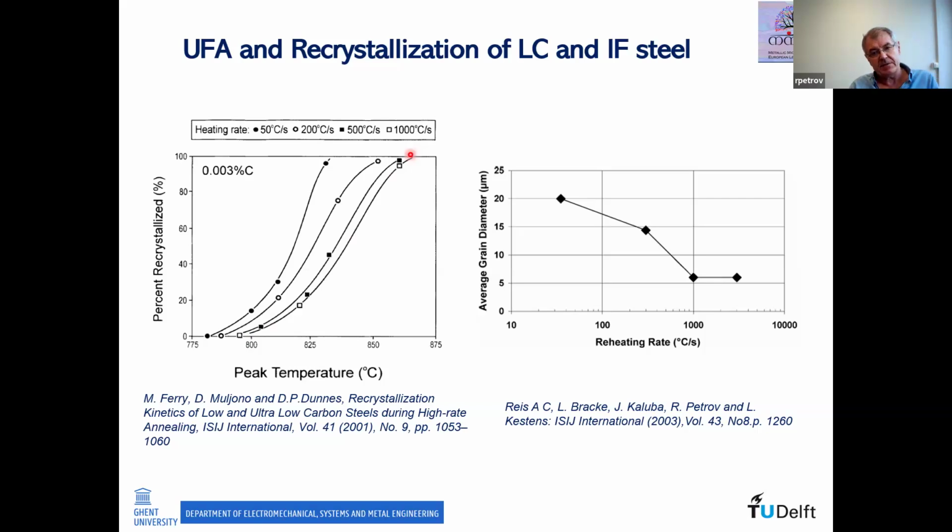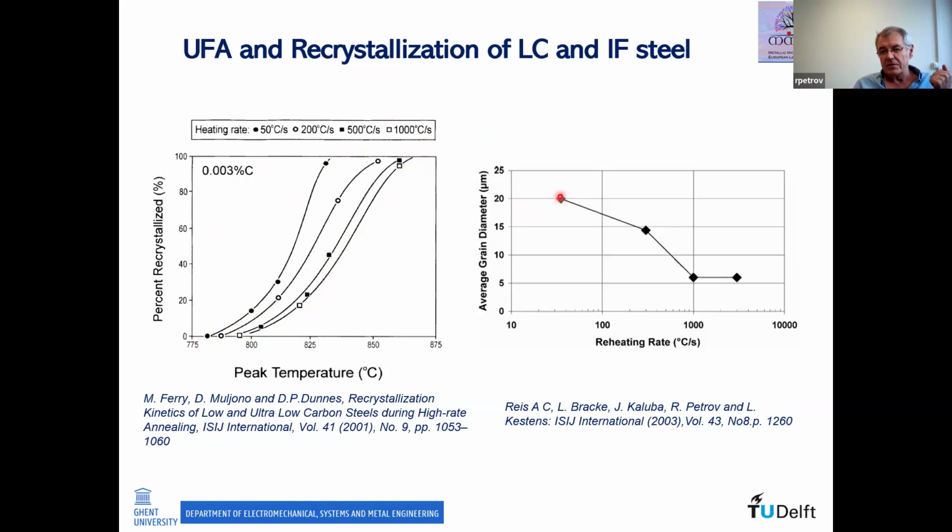Those are not kinetic curves, but they are linked with the temperature. They show the dependence of the recrystallized fraction on the temperature. As you see here, with increase of the heating rate, recrystallization is suppressed. It starts at high temperatures and proceeds a little bit slower than in the case of lower heating rates. This immediately reflects in the average grain diameter obtained with those heating rates.